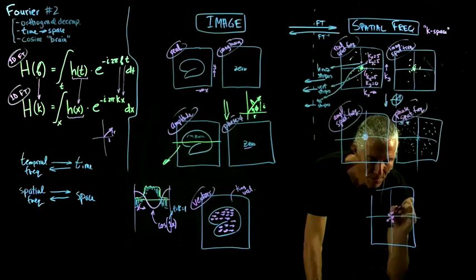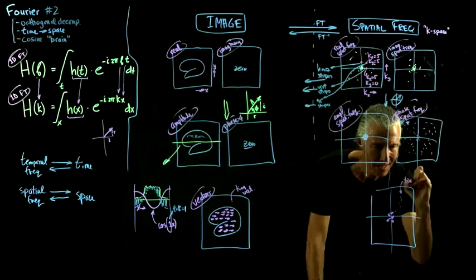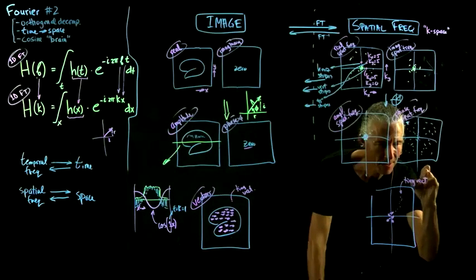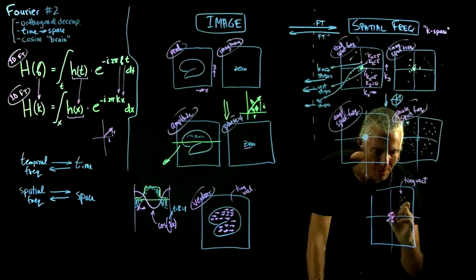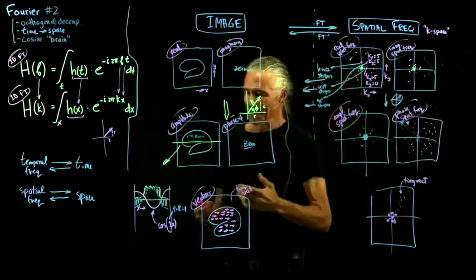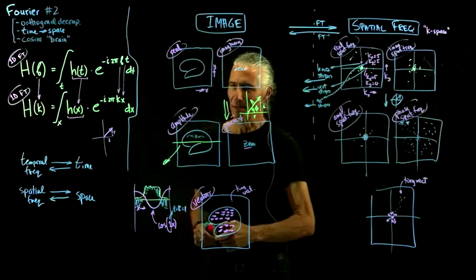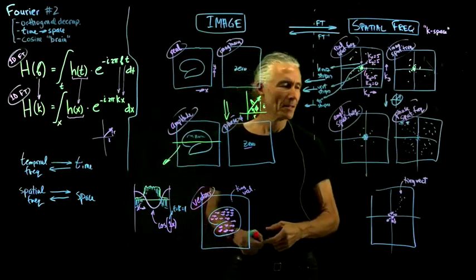And then as you go off, there'll be two little teeny tiny vectors out in the periphery. The big vectors will be all in the middle because that's where the amplitude is, that's where spatial frequency 1 is, because that's the biggest spatial frequency.